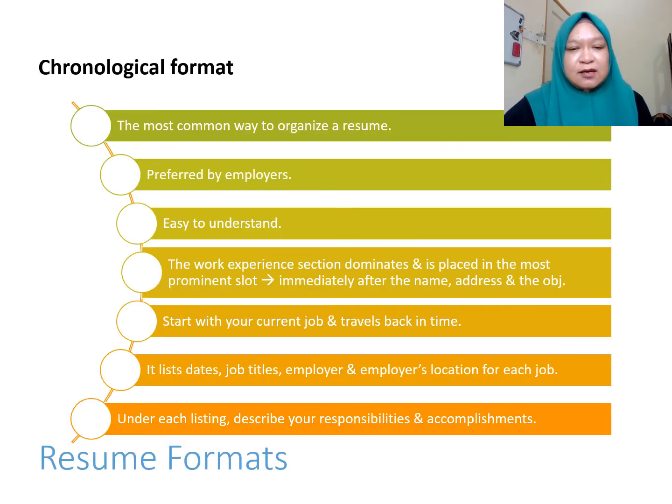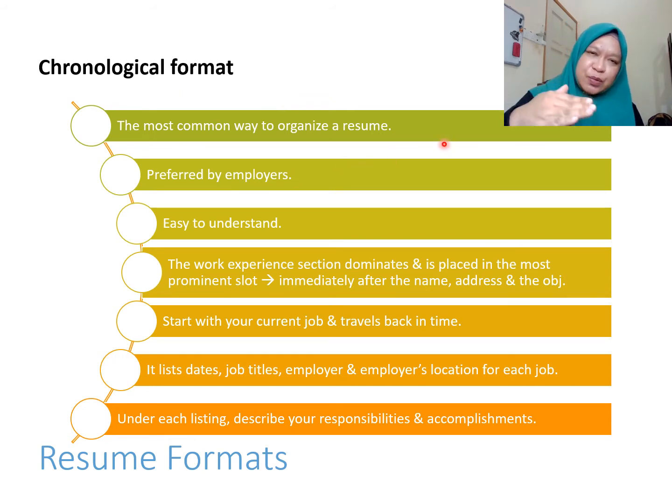So the first resume format that we have is the chronological format. Usually this type of format is most favorable to the employer because it is easier for them to understand, because you list out all about your working experience and your education in chronological order. Of course there will be your name, your address, and your objective, what you are trying to achieve with the position. You start with your current job and travel back in time.